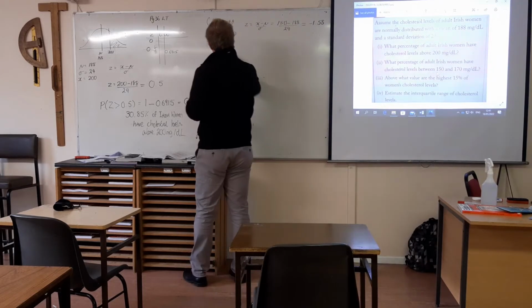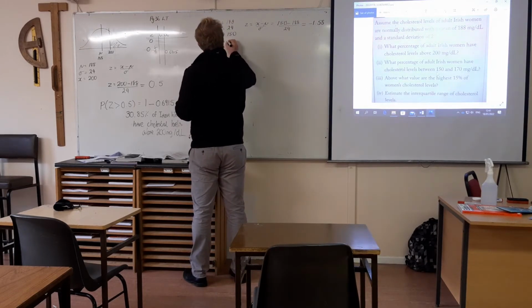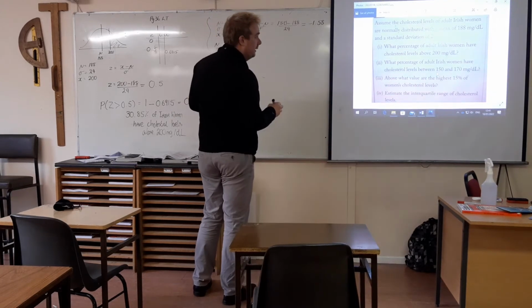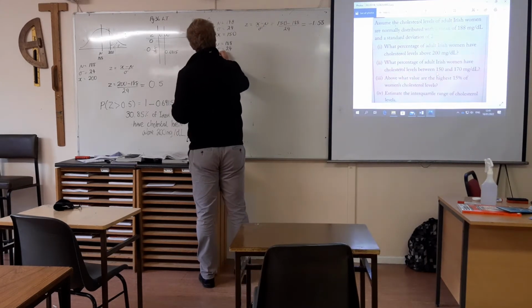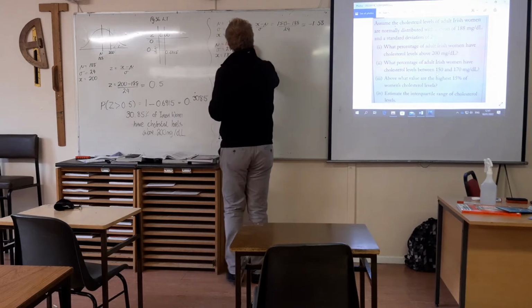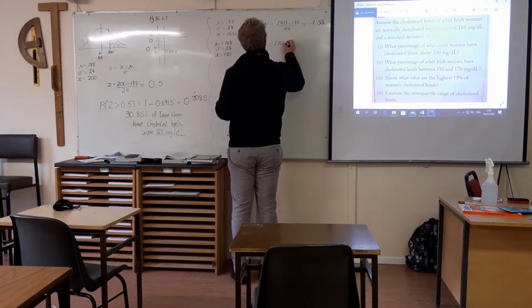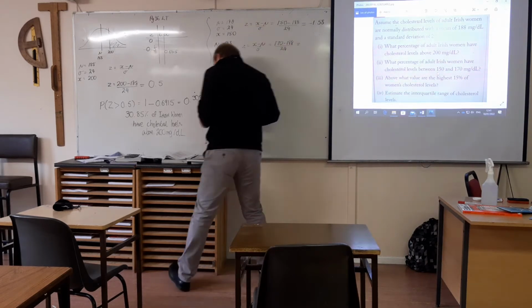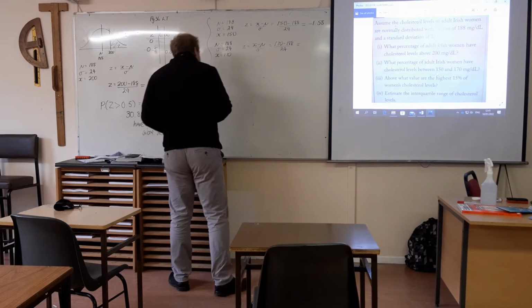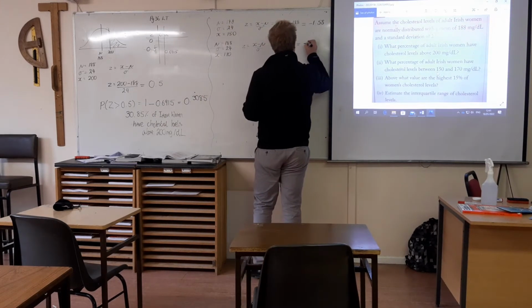We'll repeat the process, but for the opposite number, which in this case is 170, still using the same formula. That's going to give us minus 0.75.